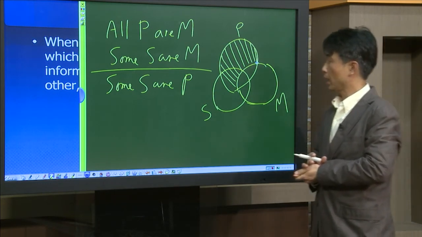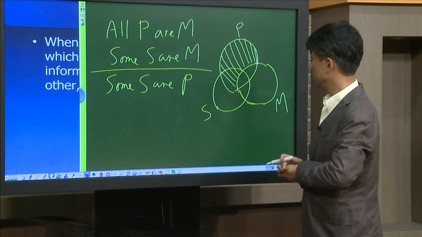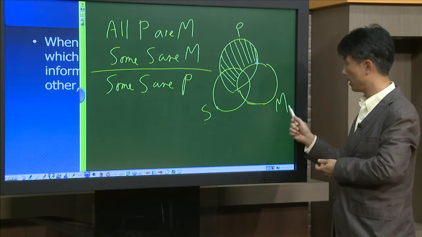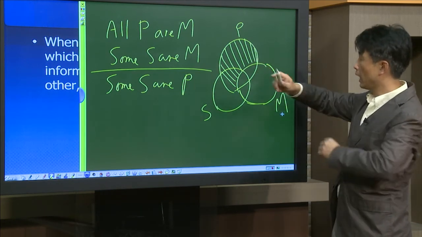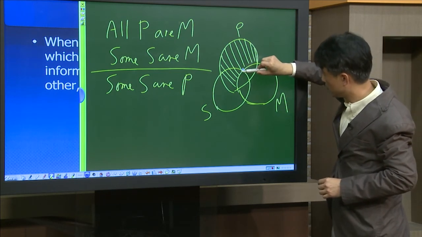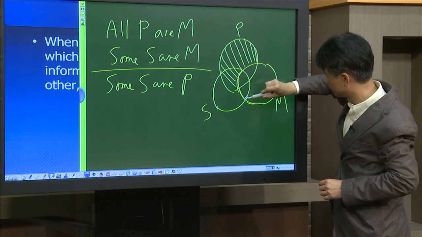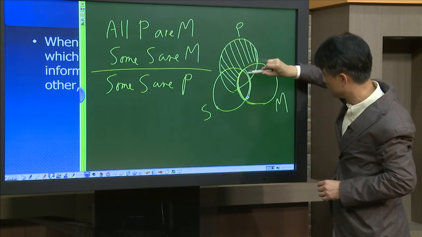Second premise says some S are M. Okay. So some S are M. That means there got to be X mark somewhere inside in this area, right? There must be X mark in this area.